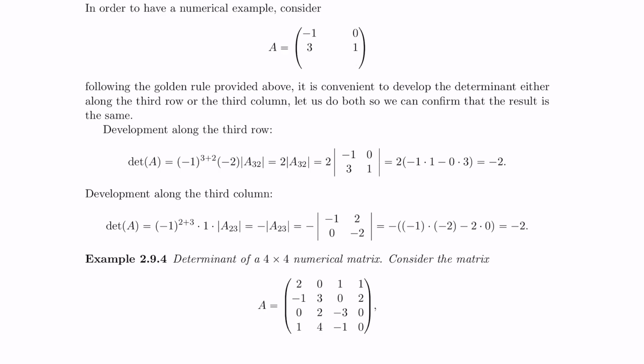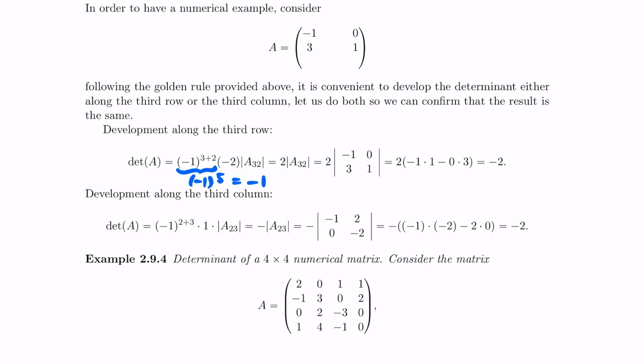Now let's pass to the computations. We have -1 elevated to 5, and since 5 is an odd number, -1 elevated to 5 is -1. However, -1 times -2 is 2.